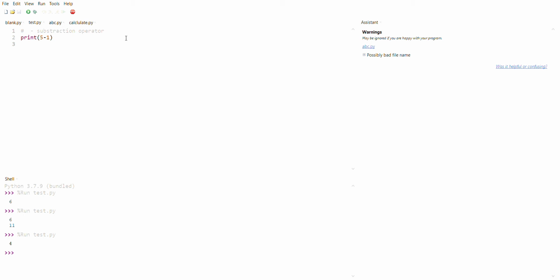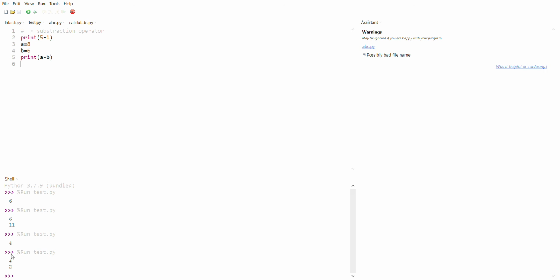And we can also assign values. A is equal to 8 and B is equal to 6. Now enter. Now print A minus B. And I should close it.